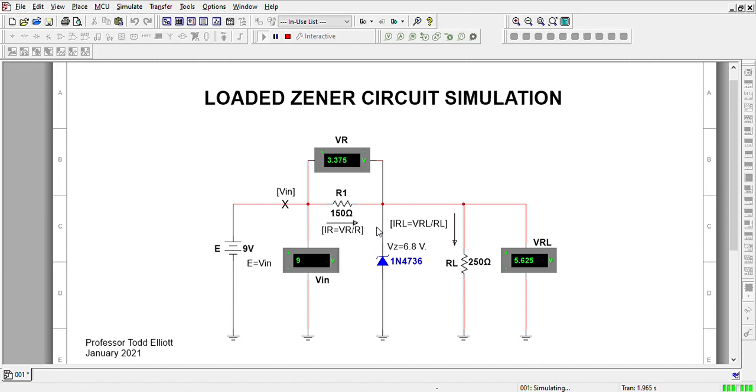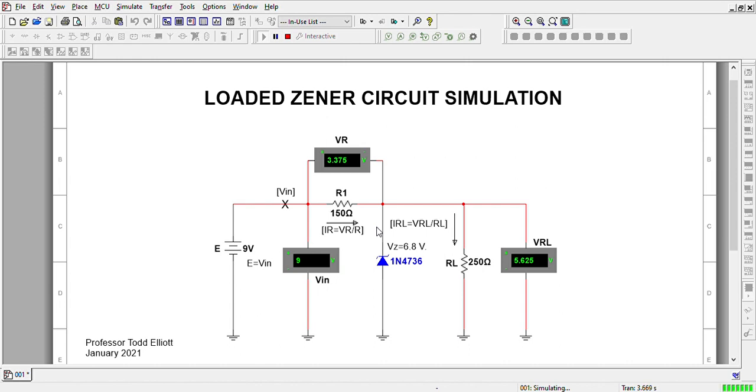Hopefully you've read some of my other videos and materials already, because it's in there, but the minimum current that you must maintain through the Zener in order for the Zener to exhibit Zener action or behavior is called the Zener knee current. And once you start to fall below that current, then the Zener is not really doing its thing anymore.